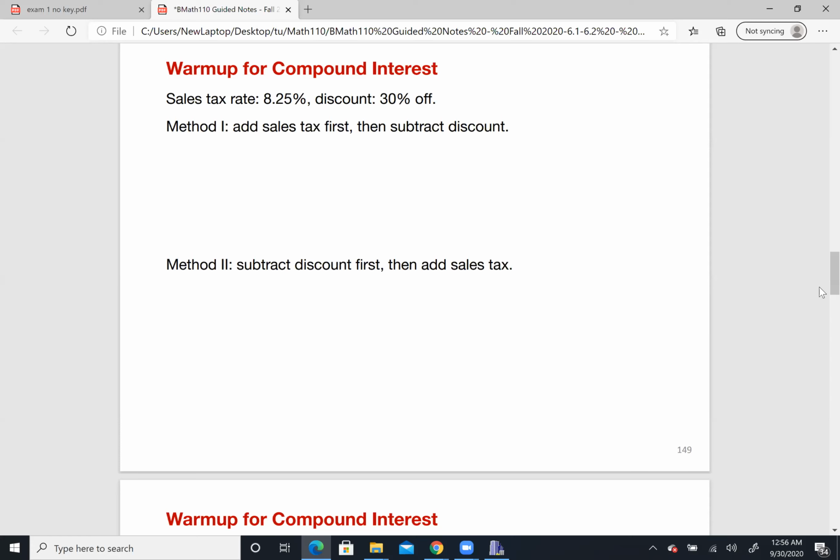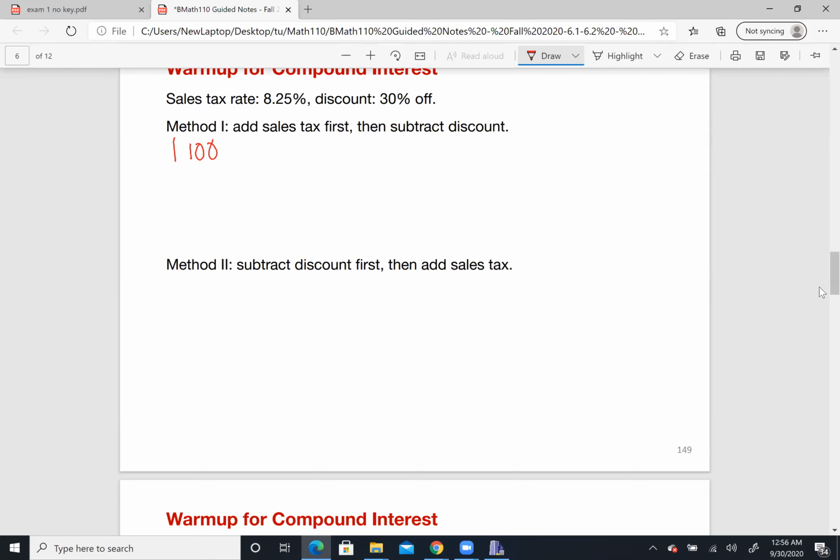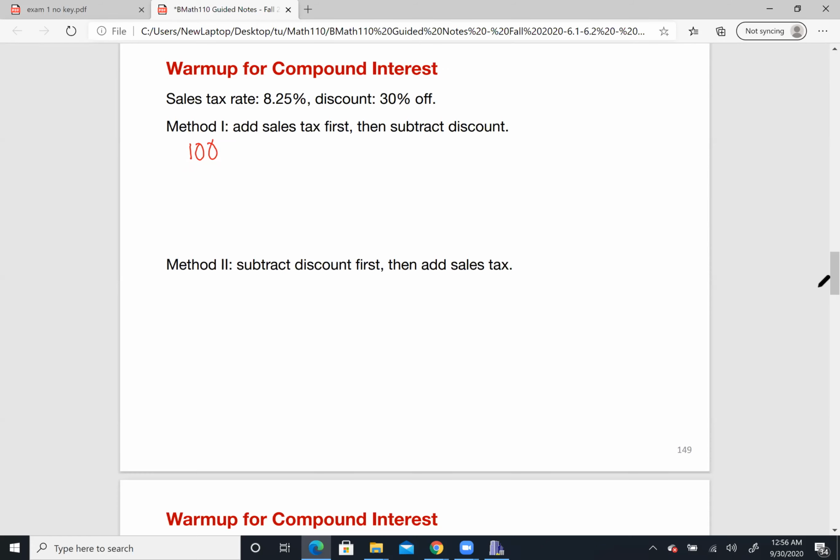Now use method one: add sales tax first and then subtract the discount. So it was $100, right? I'm just going to take away the dollar sign.